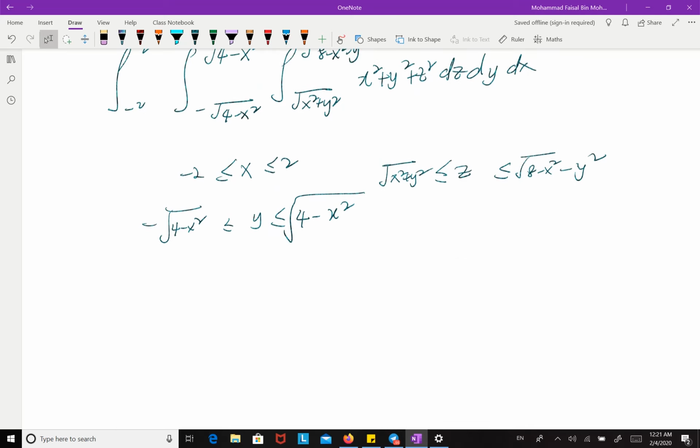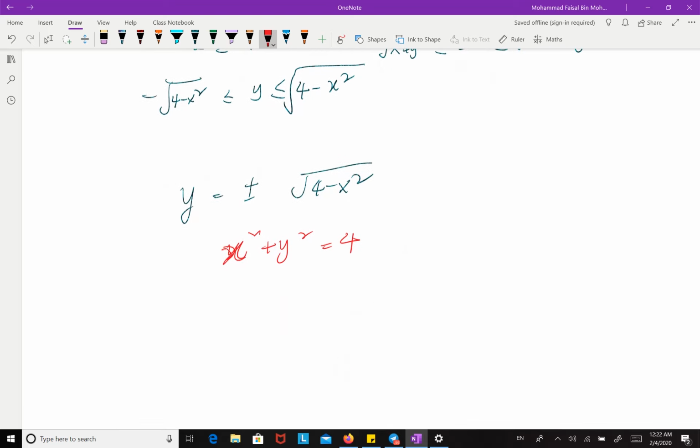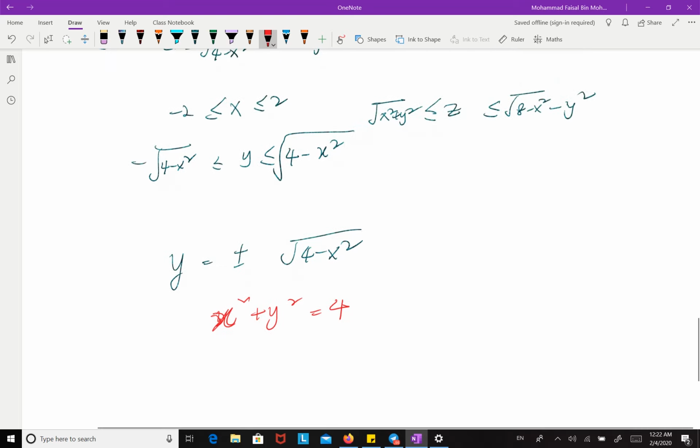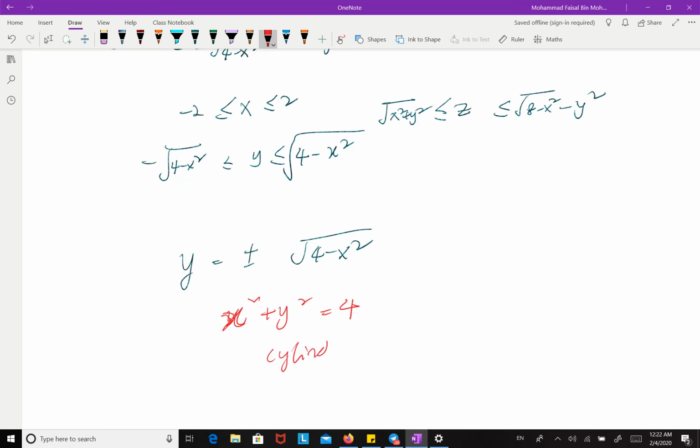Your y is actually plus or minus square root of 4 minus x squared. If you square both sides, you get x squared plus y squared equals 4. This is nothing but a circle with radius 2, which projects along z, so it is a cylinder with radius 2.